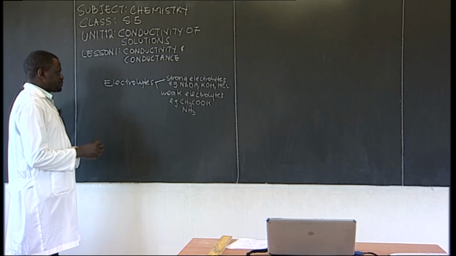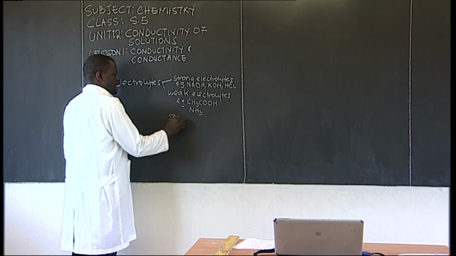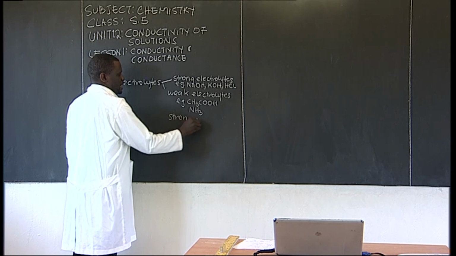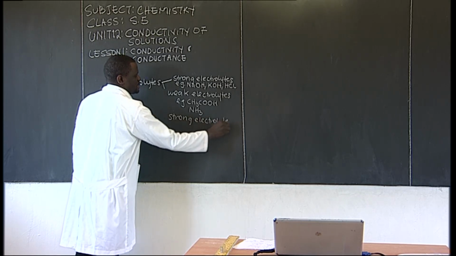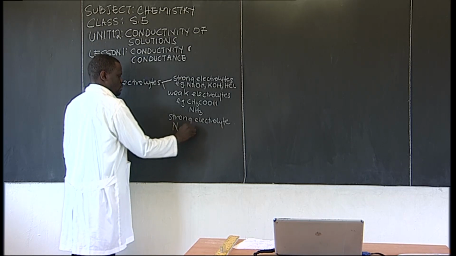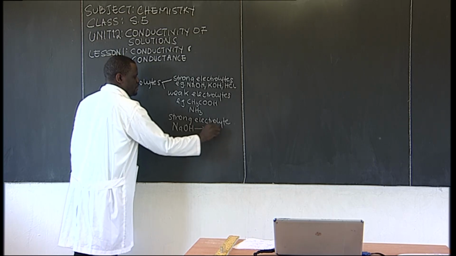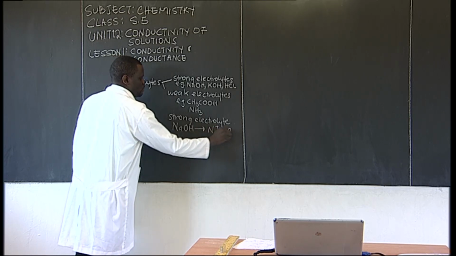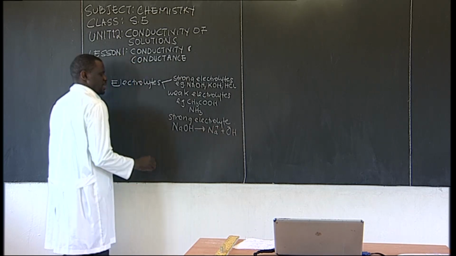So what do we mean by something being a strong electrolyte? A strong electrolyte will fully ionize. Like for example here, we represent it with an equation, and this arrow shows full dissociation.